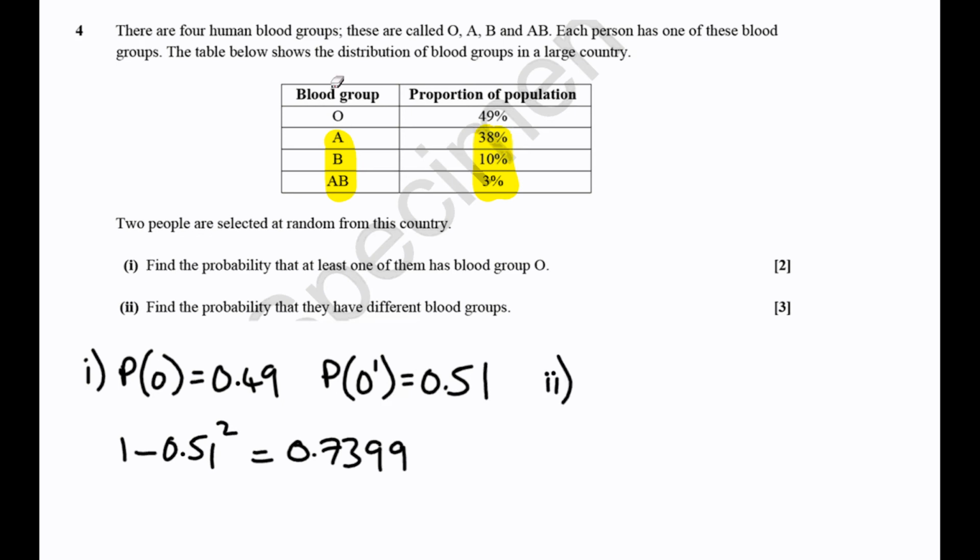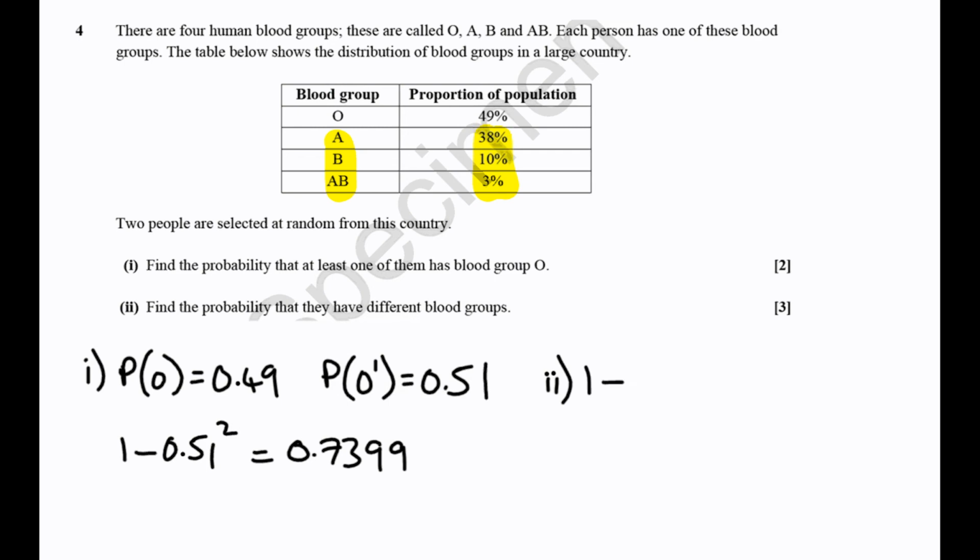Similarly, on this second question, because we have a good understanding of all the possible outcomes that we might be working with, I've realized that for the probability that they both have different blood groups, the ones that I don't want are OO, AA, BB, and ABAB. So I can do a similar thing and remove all of the duplicates where both of them are from the same blood group.